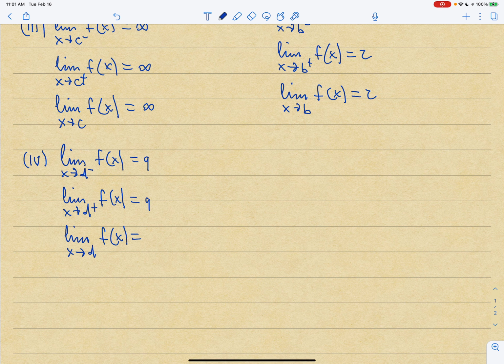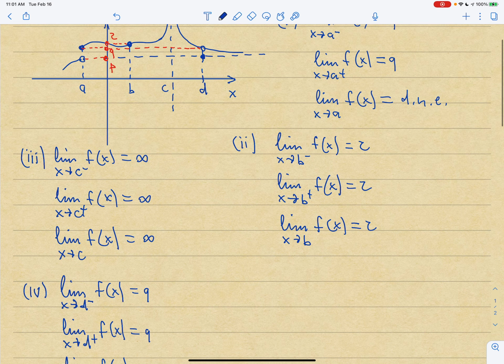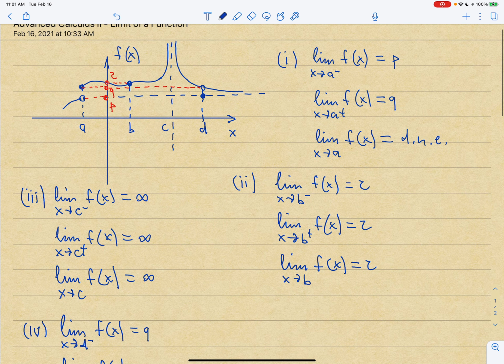So limit from the right and limit from the left are both the same, and so the limit of f of x at d exists and is equal to q. This is just to emphasize that the limit may exist at a point, but the function still has a jump at that point, right?